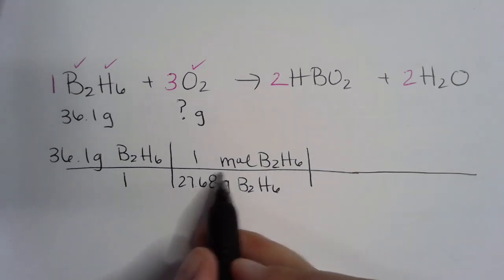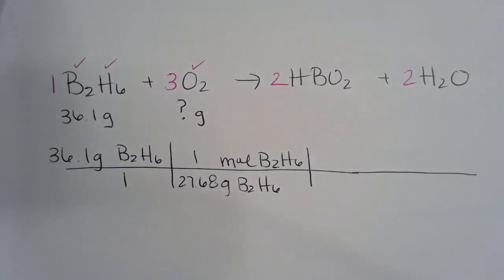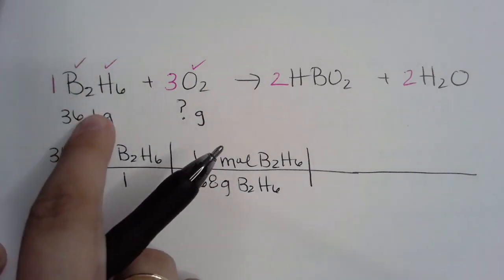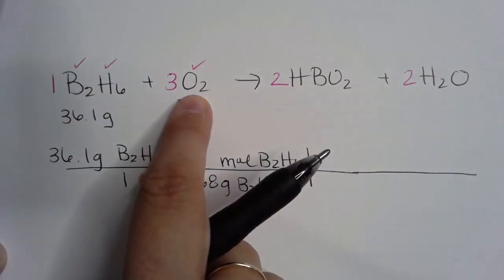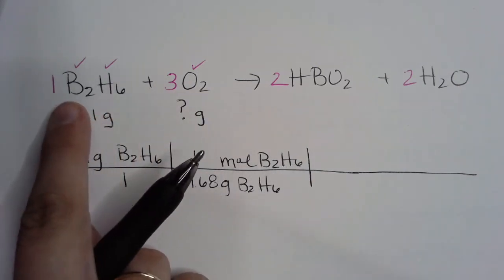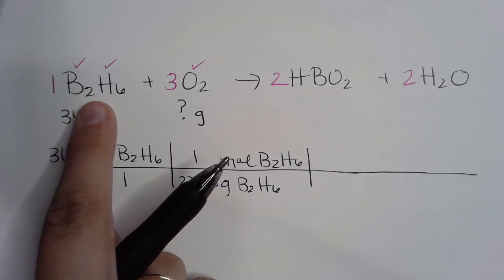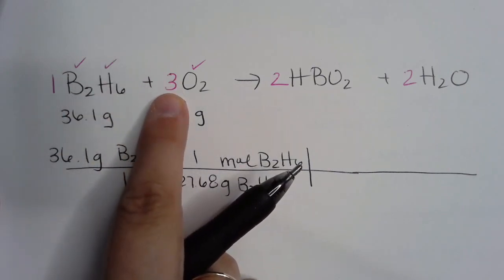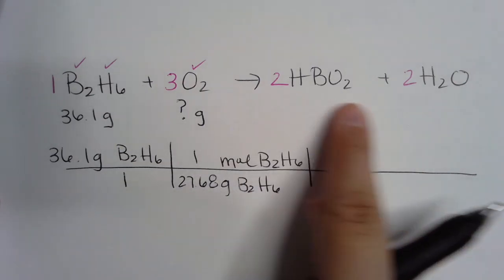Now that I'm in these units of moles, that's where I can bring this particular compound and relate it to my other reactant. Because just like I showed before, 1 mole of this compound here needs to react with 3 moles of oxygen in order for this reaction to go to completion.